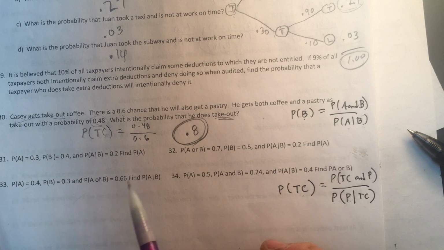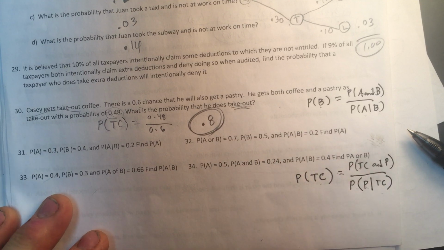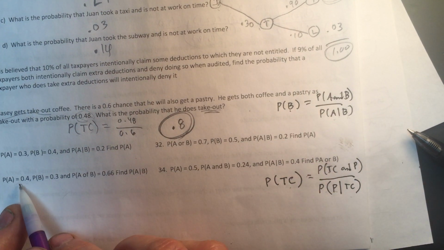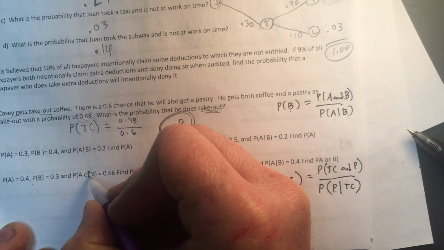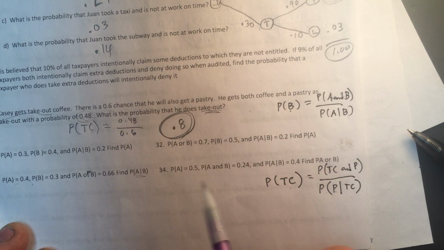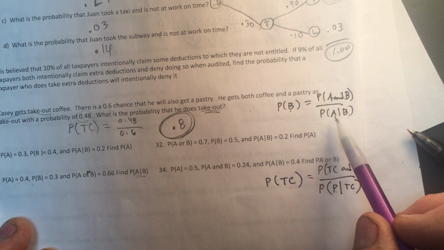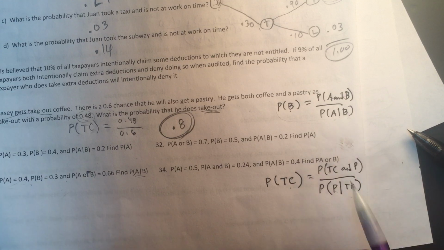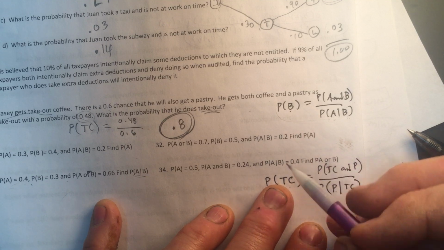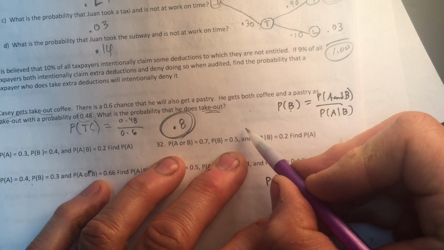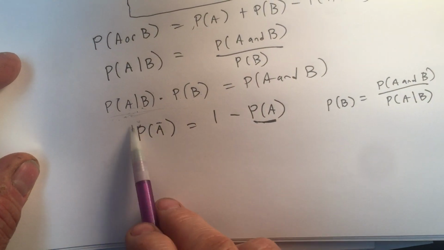Okay, and then down here, you're just putting these in the formula. Let's do this one here. Find the probability A given B. If I take A given B here and I multiply both sides, I get back to what I had here.